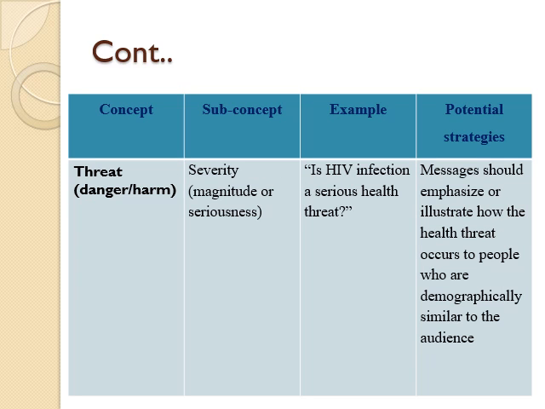Threat, danger, harm; subconcept: severity, magnitude, or seriousness. Example: "Is HIV infection a serious health threat?" Methods should emphasize or illustrate how the health threat occurs to people who are demographically similar to the audience.